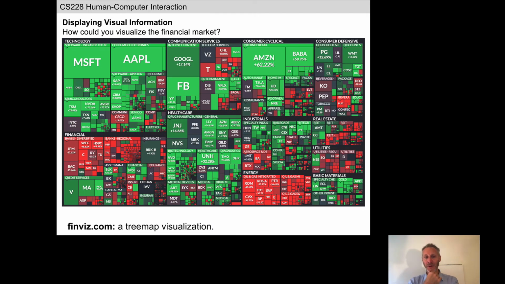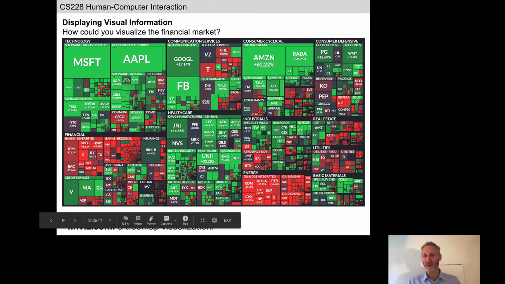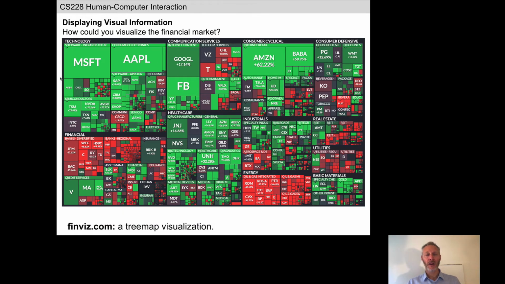The financial market is hierarchical in the sense that we have the global economy, which is this entire rectangle. Inside the global market are various sectors of the economy represented by these large black rectangles. Inside each sector, we have various companies represented by the smaller rectangles.